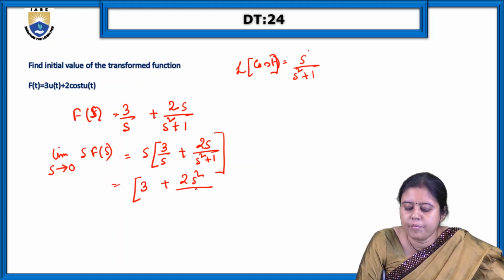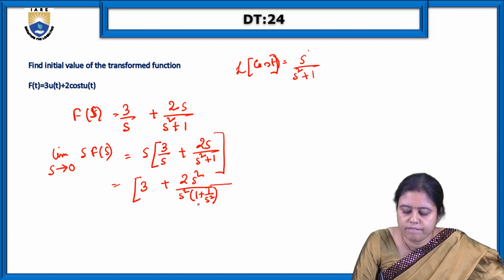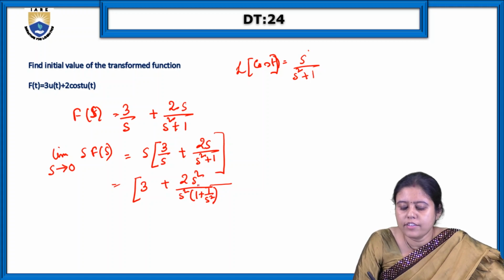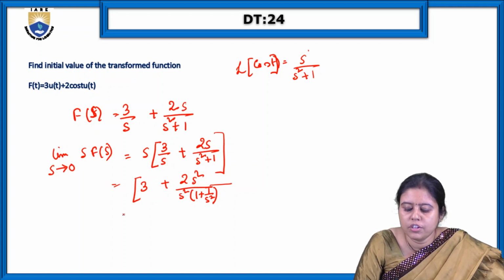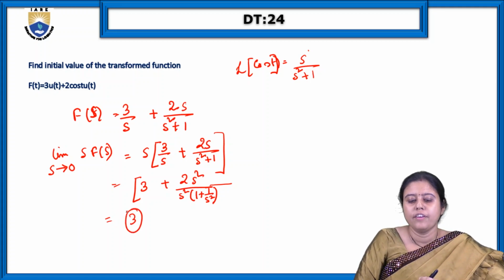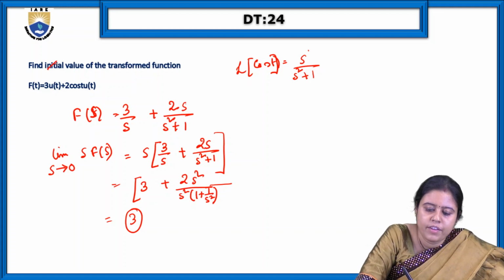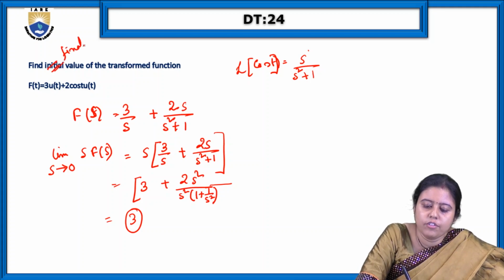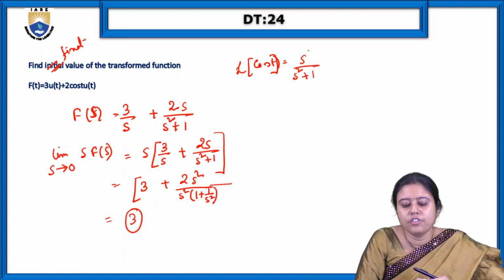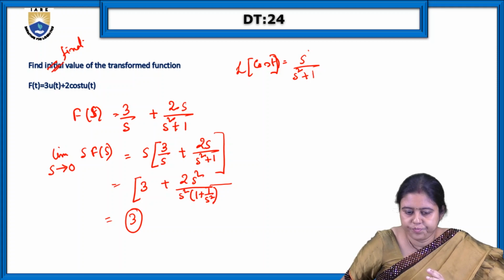For the second part, I am taking s square as a common factor, 1 by 1 plus s square, so s square will cancel out. So the value will come to 3. Sorry, this question I had missed, so we did the final value theorem, and we got the final value as 3.